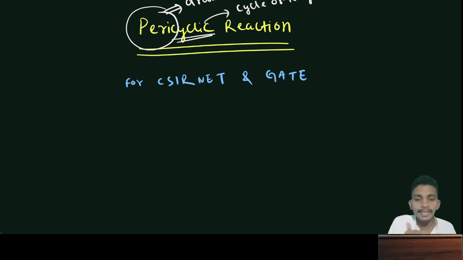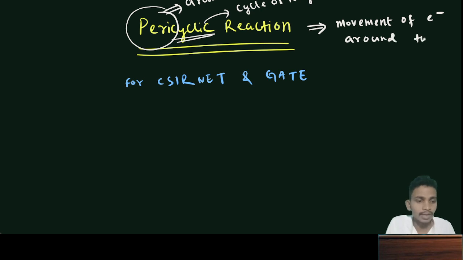So in pericyclic reactions, we will see the movement of electrons, and that movement of electrons will be around a cyclic ring. It means movement of electrons around the cycle or ring.